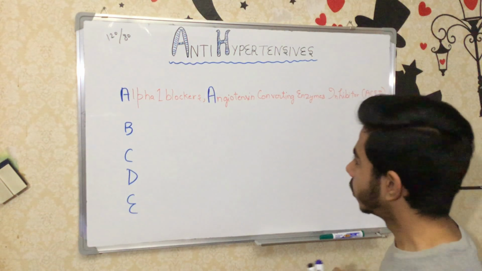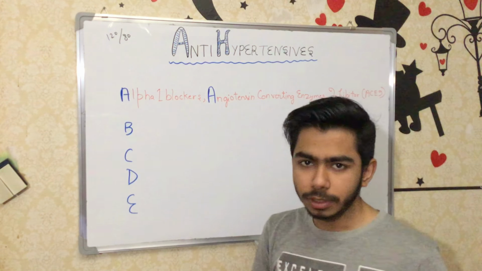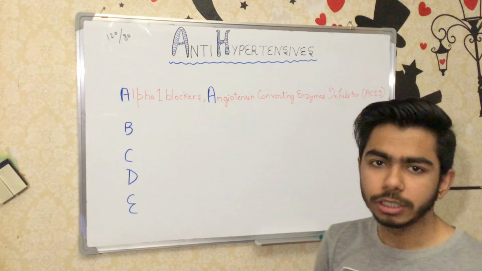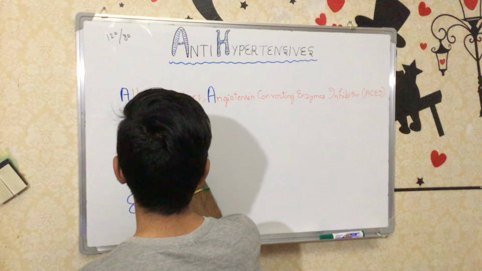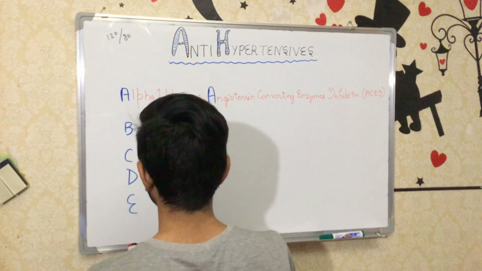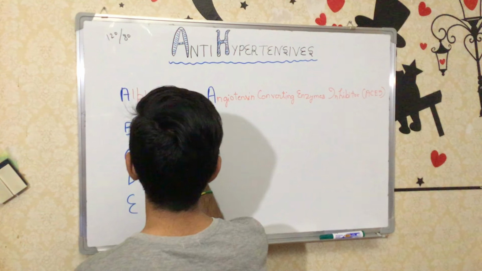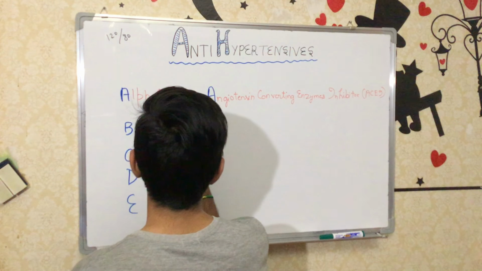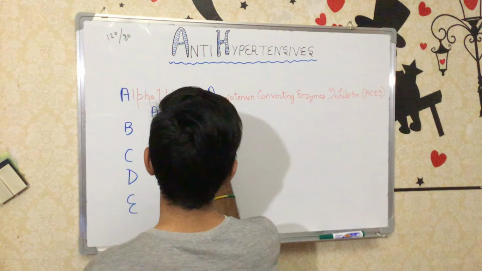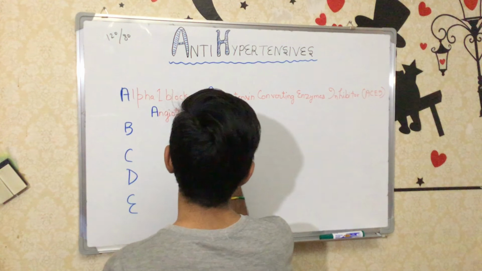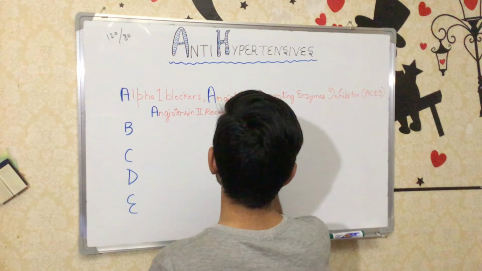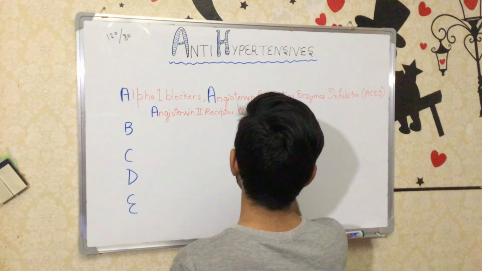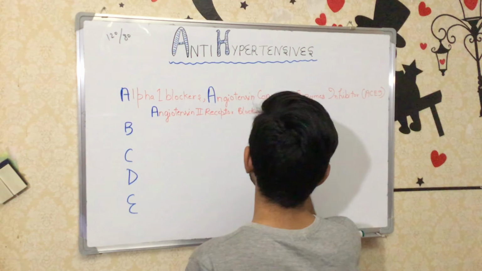And also with the A, we have angiotensin 2 receptor blockers, also called ARBs.